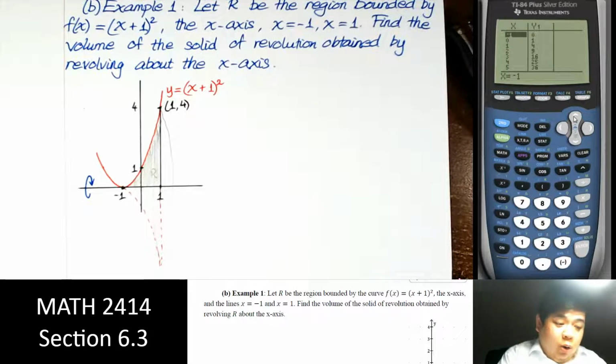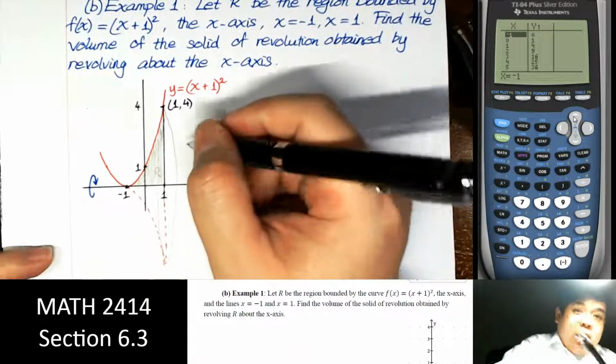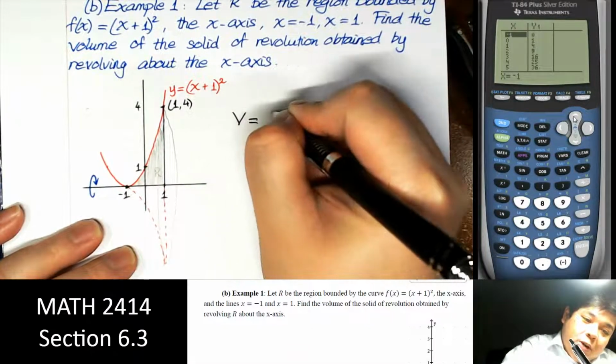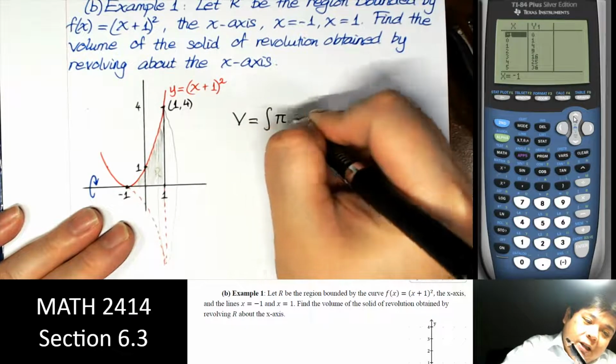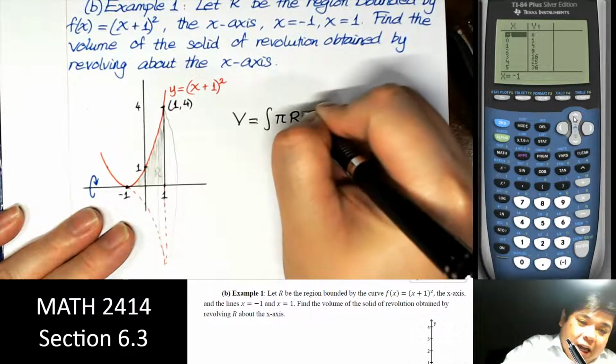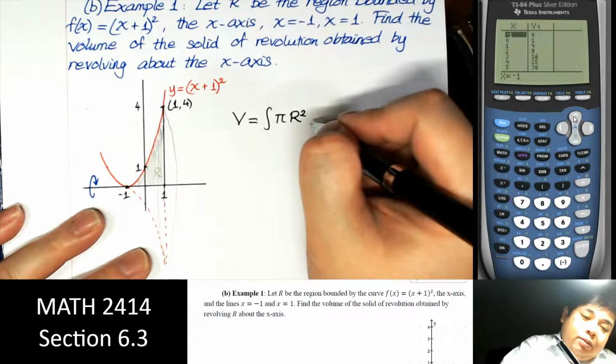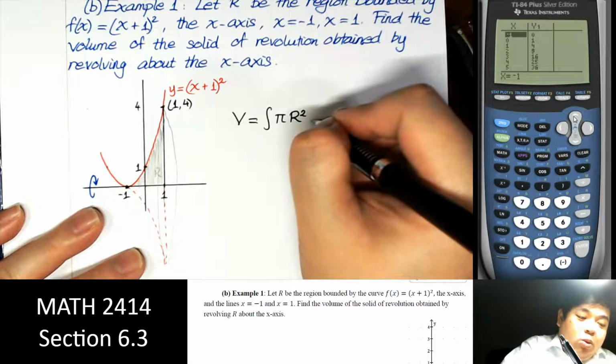Now, the volume here is going to be by this method. The volume is going to be equal to pi the radius squared, that is the cross-sectional area, and then dx or dy.